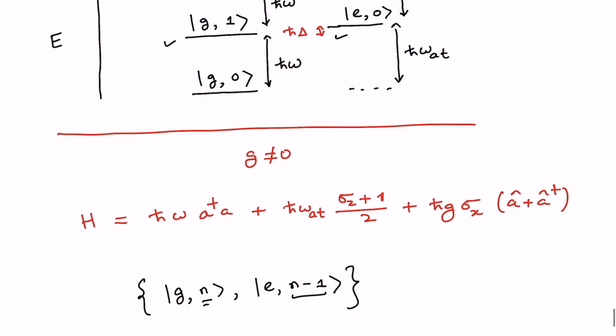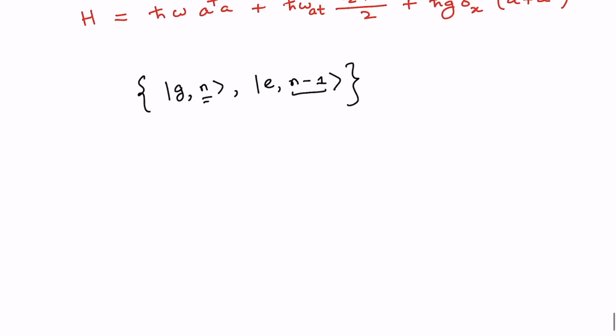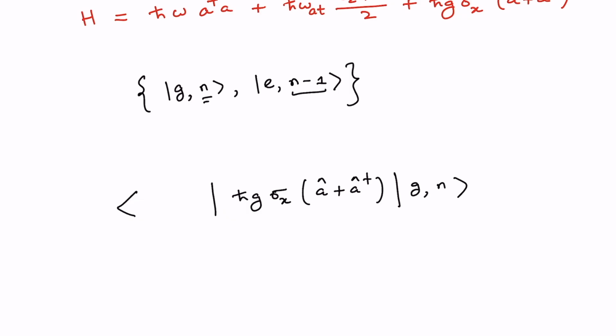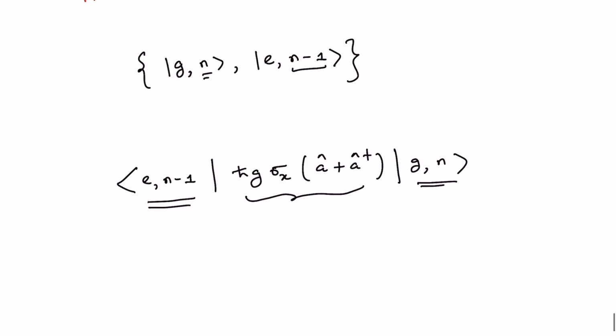The coupling between these two adjacent energy levels can be worked out very easily if we work out the matrix element arising from this interaction term, which is ħζ σx (a plus a†), between the states |g, n⟩ and |e, n−1⟩. So the coupling between these two energy states is happening via this interaction.